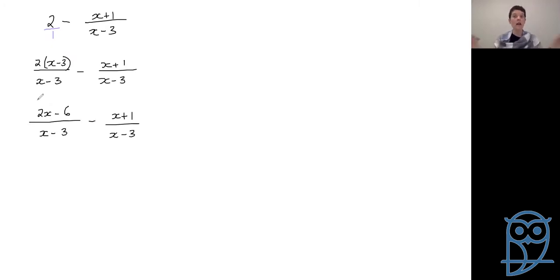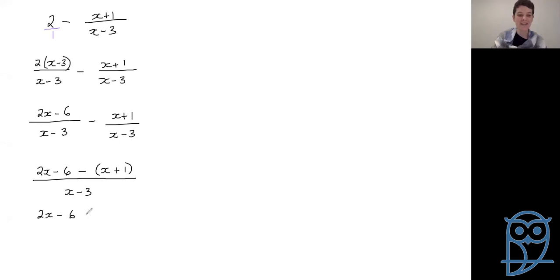Now we can combine both of our fractions, inserting brackets. 2x minus 6 minus x plus 1 over x minus 3. Now we can remove the bracket again. 2x minus 6 minus x minus 1 over x minus 3.